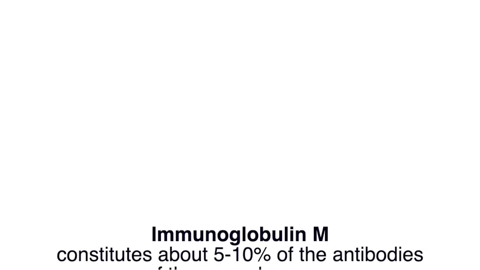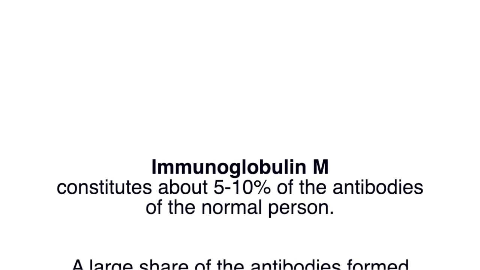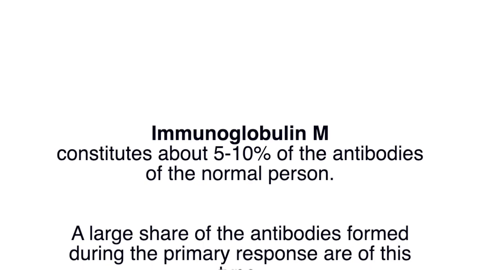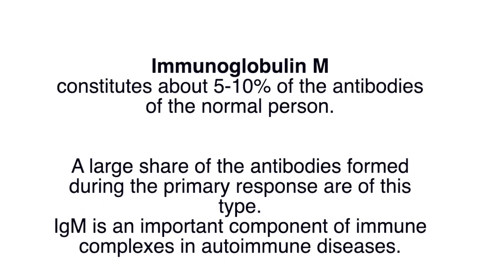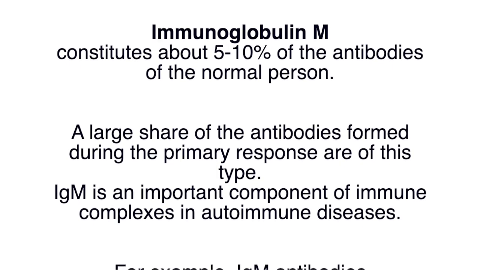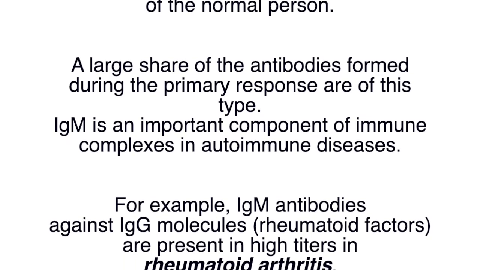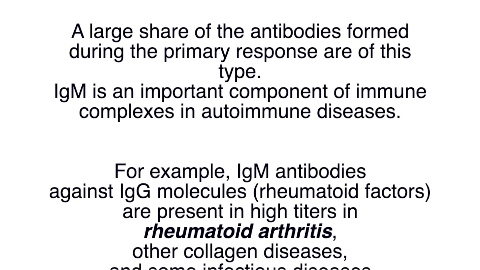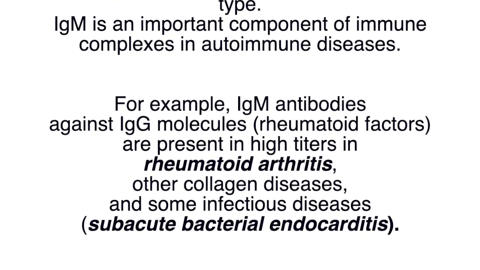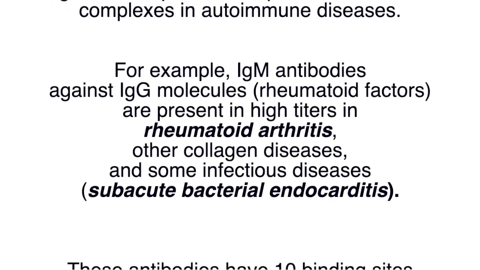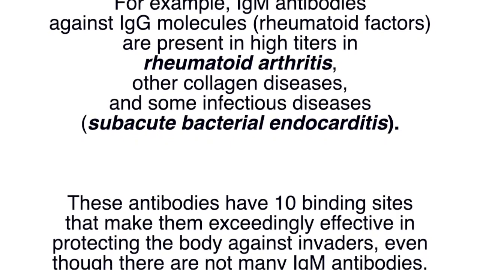Immunoglobulin M constitutes about 5 to 10% of the antibodies of the normal person. A large share of the antibodies formed during the primary response are of this type. IgM is an important component of immune complexes in autoimmune diseases. For example, IgM antibodies against IgG molecules, that is, rheumatoid factors, are present in high titers in rheumatoid arthritis, other collagen diseases, and some infectious diseases such as subacute bacterial endocarditis.